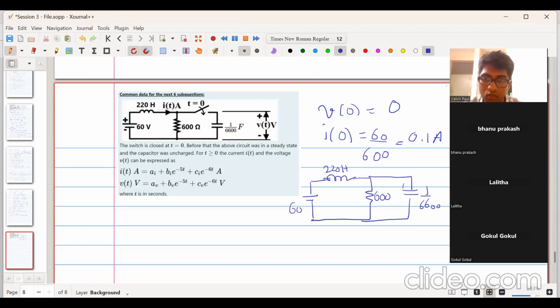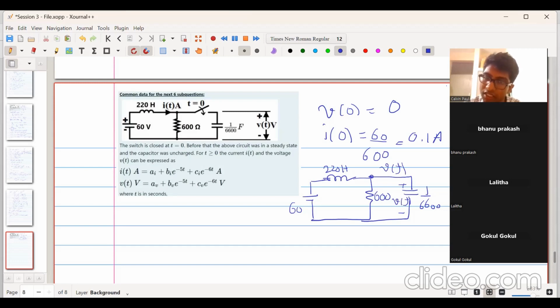The voltage across the capacitor is V of t. So the voltage at this terminal also is V of t. Any doubts? The voltage at this point is equal to V of t because the resistor and capacitor are in parallel, so the voltage across both of them is the same.